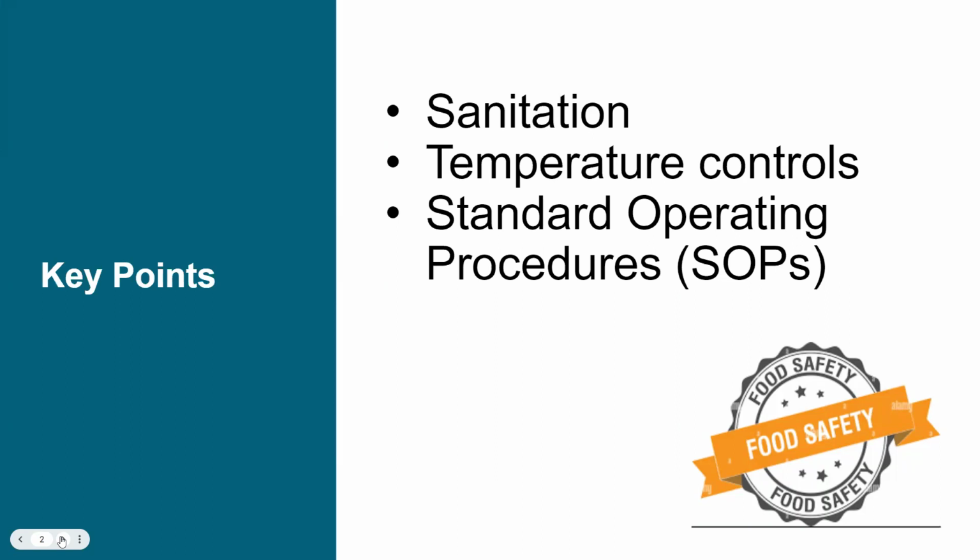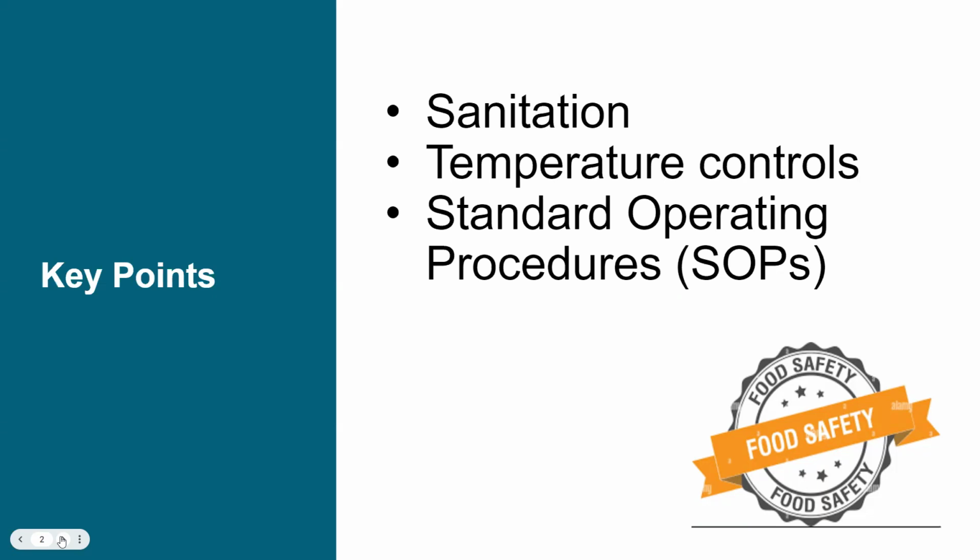Three main points are essential to developing this program: sanitation, temperature control, and standard operating procedures, or SOPs. Be sure that all of your food preparation areas are clean and sanitary, such as workers' hands, utensils, and food contact surfaces. Avoid cross-contamination.